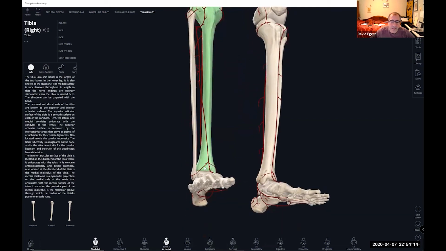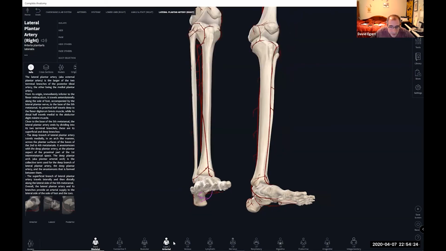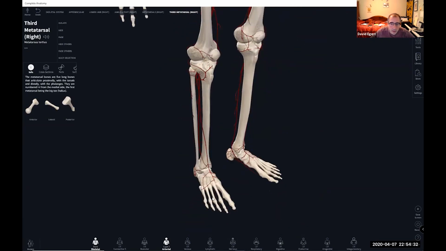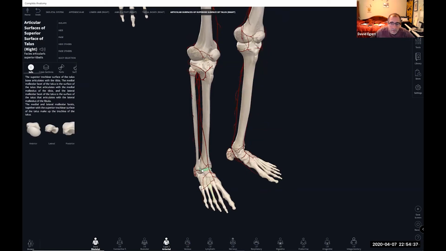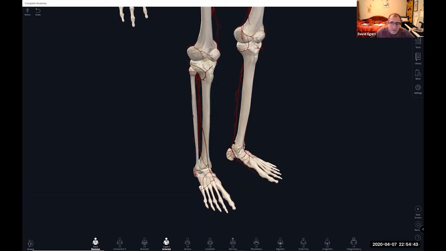And then when you get down to the foot, it's the same basic idea. You're going to have a dorsal arch and a plantar arch and digital arteries. I think there's the plantar arch. If we add in another layer, there we go. They're not really labeling it in here, but basically it's similar to your hands.